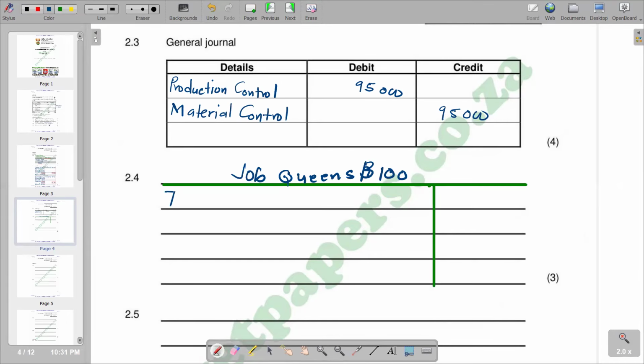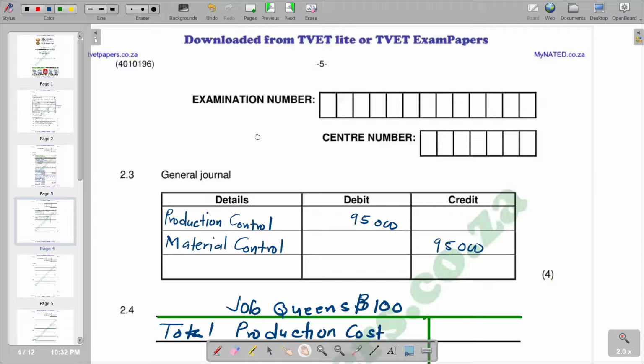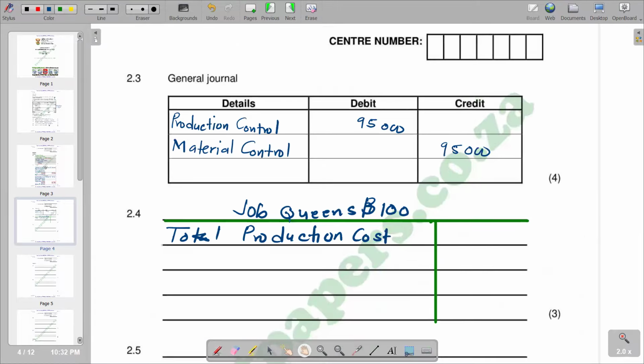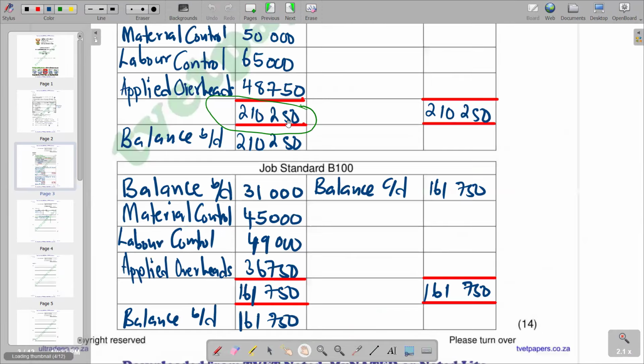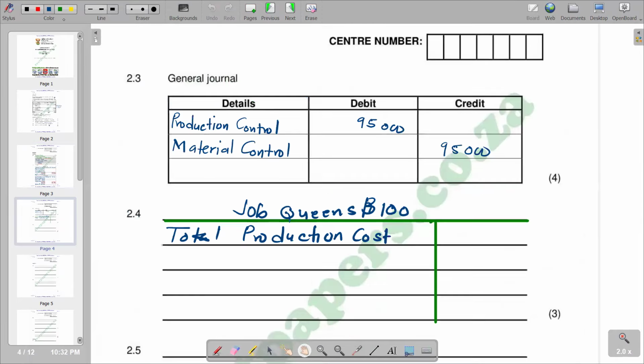And then we're going to start with total production cost, which we identified here as 210,250.